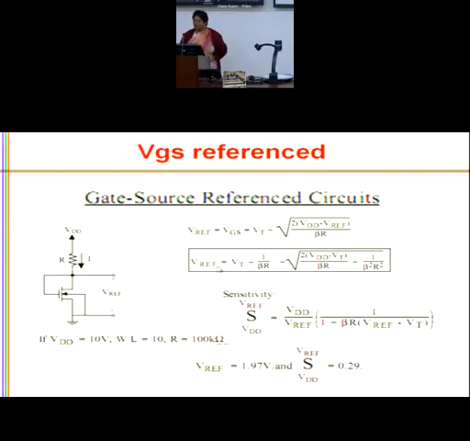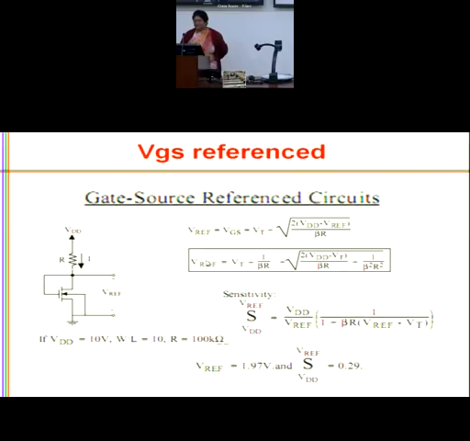So now we have got the expression for Vref. Now from here we try to get Vref. So this will give you a quadratic in Vref, which you solve, and you will get the expression for Vref. Clear?